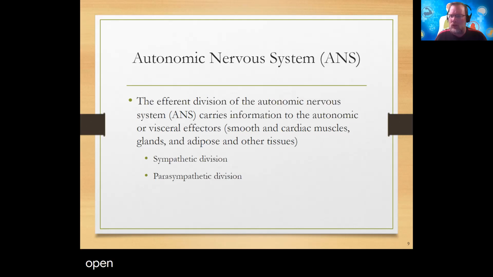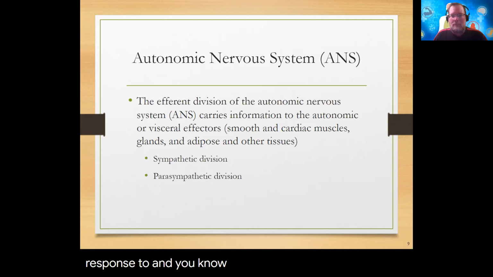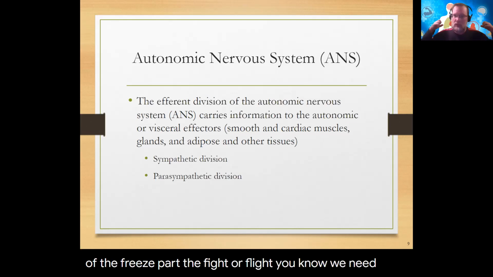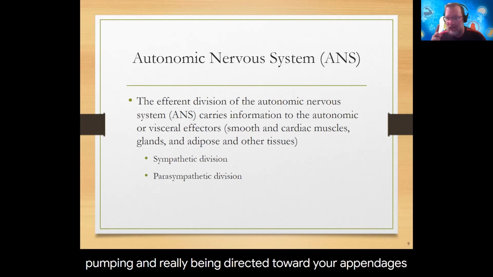That's more alliteration. We've had a lot of alliteration tonight, guys. We had all those F words and the muscles breaking things down. And now we're dealing with fight, flight, now freeze. Sometimes that's the response too. But either way, short of the freeze part, the fight or flight, we need skeletal muscles in full force, and so blood is pumping and really being directed toward your appendages, and that includes your head.